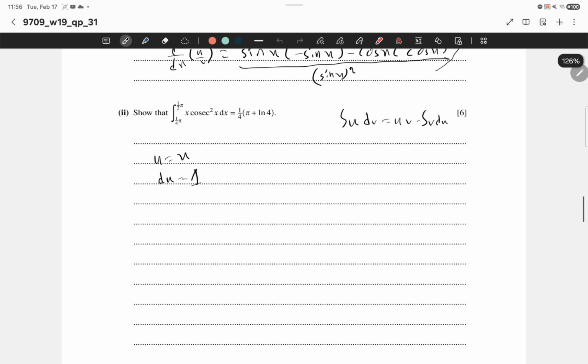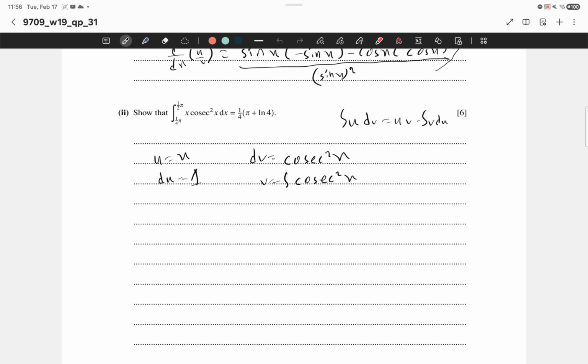Wait. So what's v? Cosec square x? No. dv is actually cosec square x. So v should be the integration of cosec square x. Okay, so we don't need to give plus c here for some reason. Anyways, so what is the integration of cosec square x?